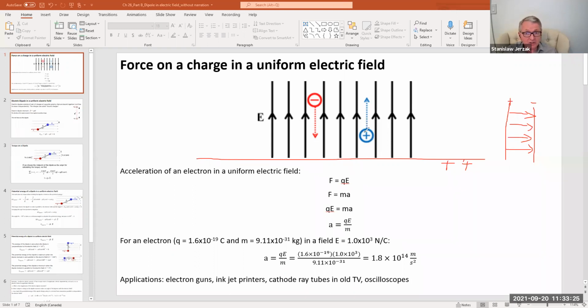So what are the applications? One important application is to accelerate charges. Imagine we put a positive charge or a negative charge in that uniform electric field. If we release these charges, there will be a force acting on them. That force F acting on the charge will be equal, as you remember, to Q times E. That's the magnitude of the force.